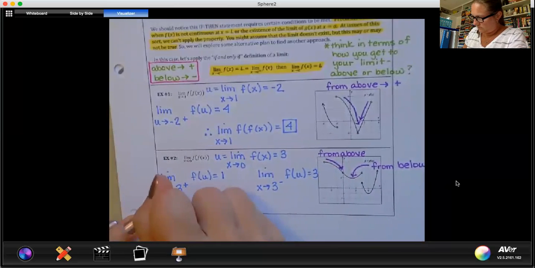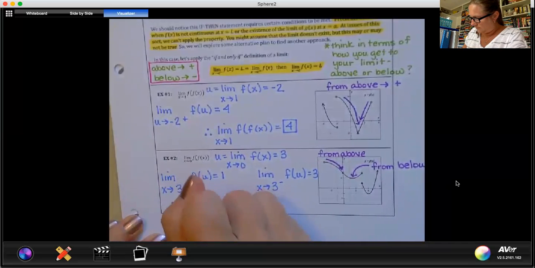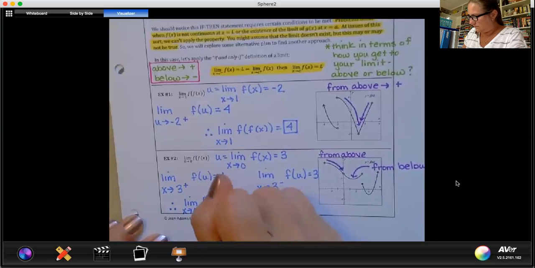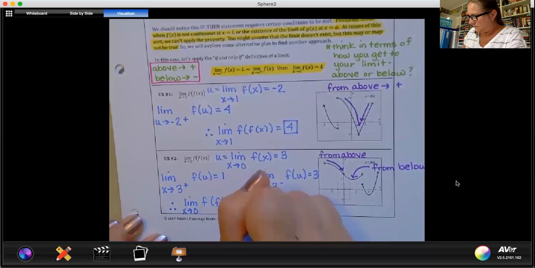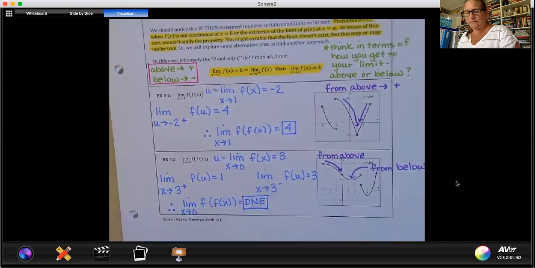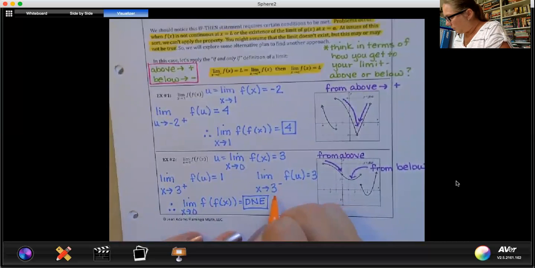Therefore, the limit as x approaches 0 of the composite function does not exist. Now I want you to think to yourself, why does that limit not exist? You're approaching two different y values from the left and from the right.